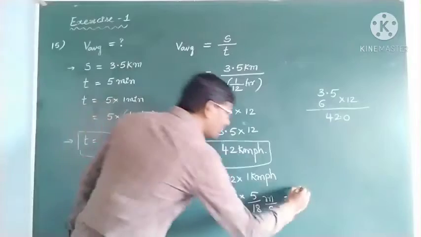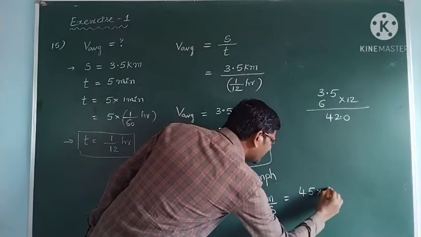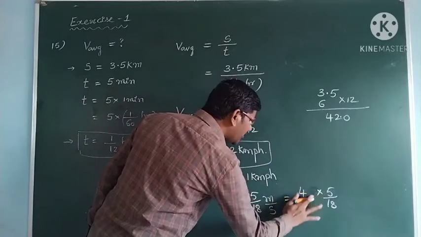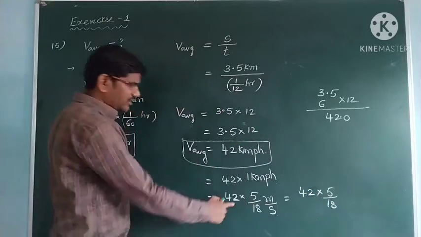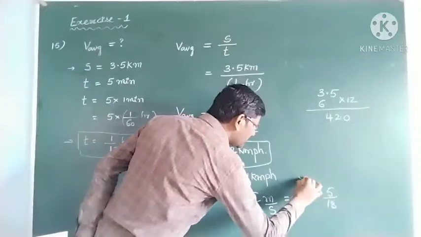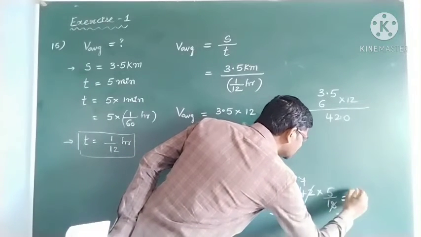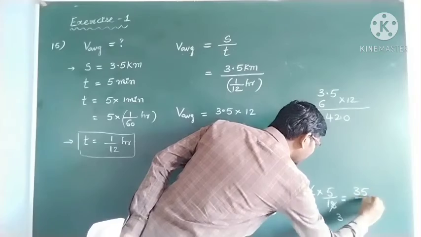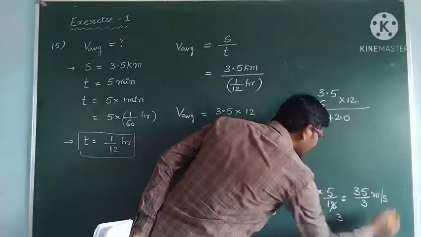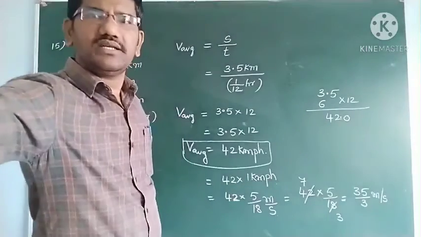So what do we have, students? 42 into 5 by 18. Then 6 7s are 42, 6 3s are 18, 7 5s are 35. 35 by 3 meters per second. So the answer is 35 by 3 meters per second.